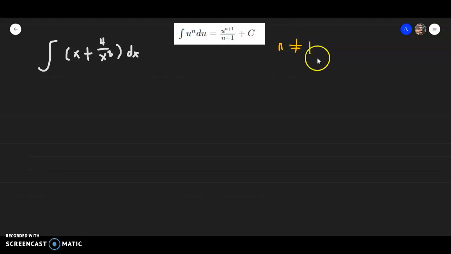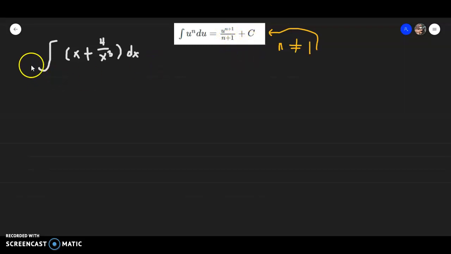So, ito na yung gagamitin nating general power formula. Ito yung gagamitin natin, yung antiderivative of u to the n du equals u to the n plus 1 all over n plus 1 plus c.